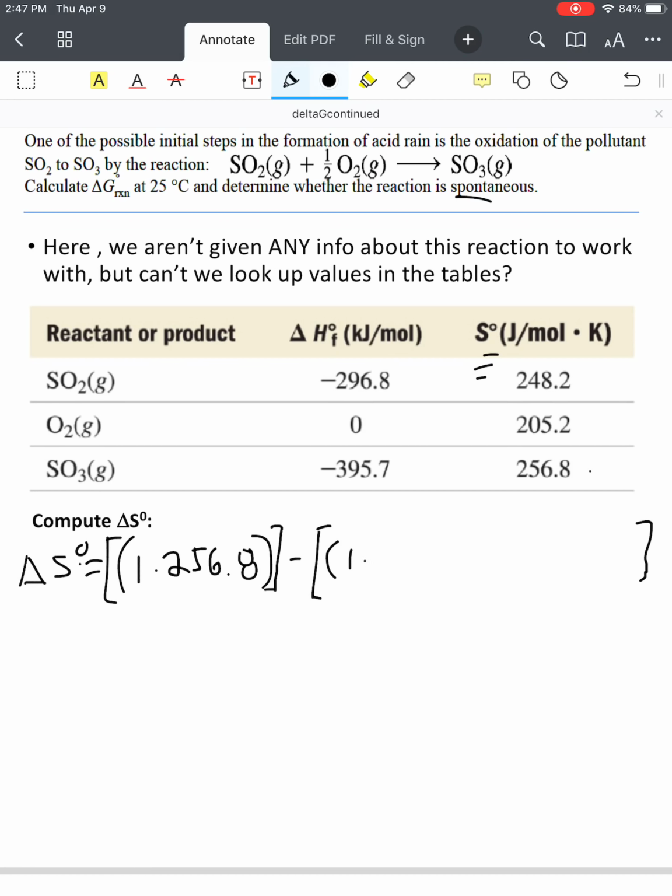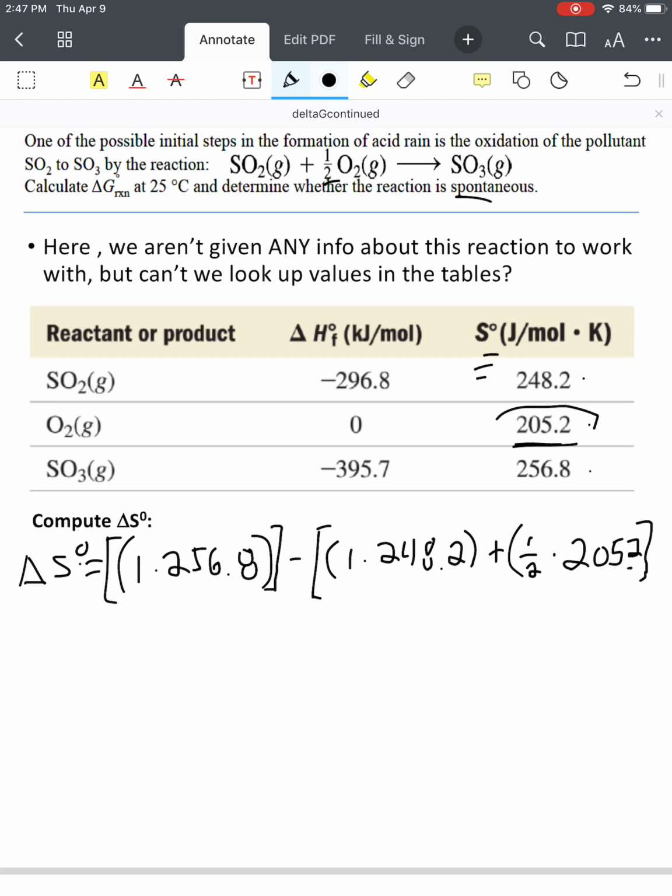So what do we have in this case? We have 1 copy of SO2, and the value for SO2 is 248.2. And again, here we're computing the entropy change. And then in my balanced chemical equation, I have half copy of oxygen gas, and O2 has a 205.2 joule per mole per Kelvin standard molar entropy.